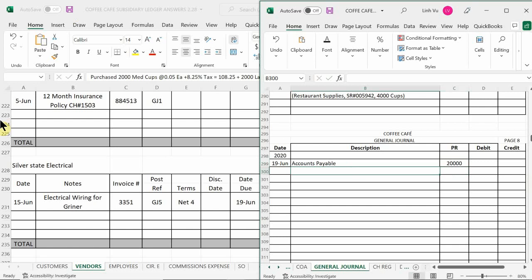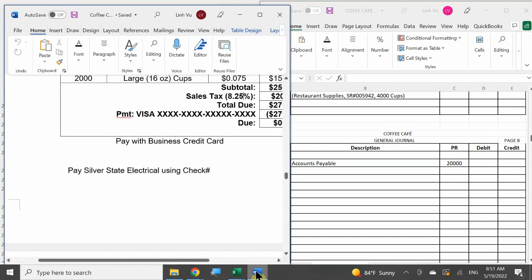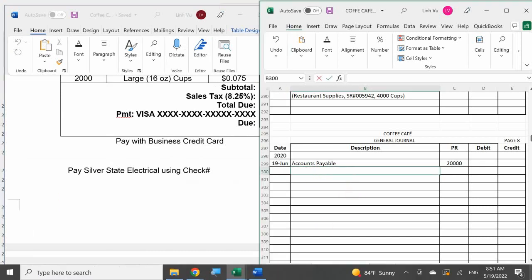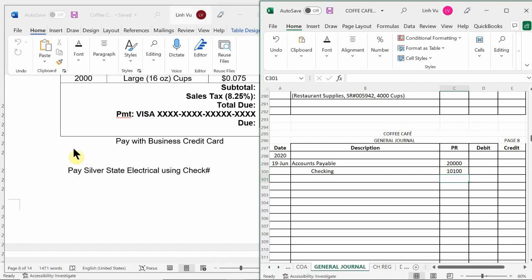All right, and then I need to pay, right? I said to pay using your checking account, so I have to write a check. Okay.